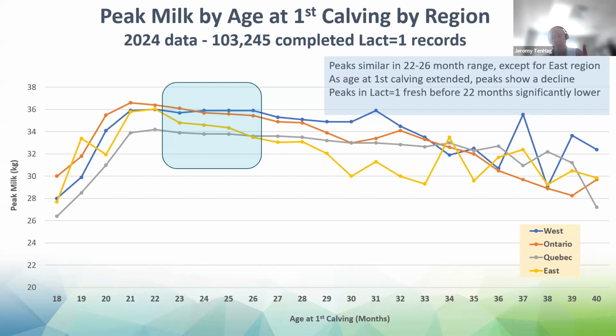Certainly the heifers that calve out on the really young side, on the left-hand side of the graph, there is a big difference. And as heifers get older when they calve out for the first time, there is also a drop off in peak milk. But where the majority of the heifers calve out, there's not a huge difference in peaks.